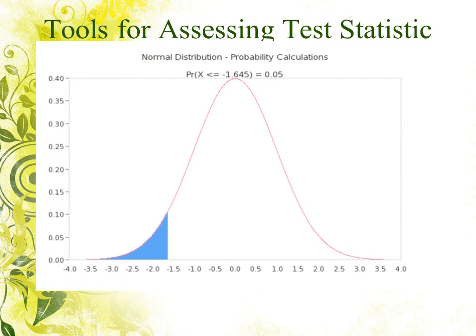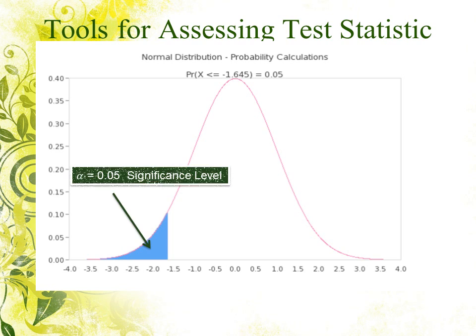We'll see here in a second, sometimes we're only concerned with one tail of our normal probability distribution, or our t-distribution. In those cases, if our significance level is 0.05, we don't have to split that up into the two tails.